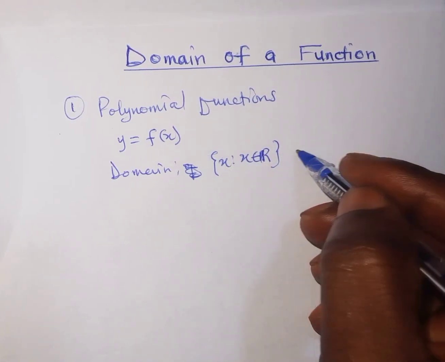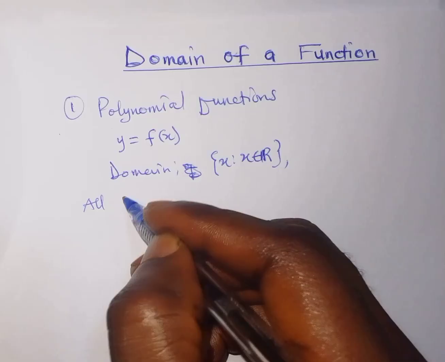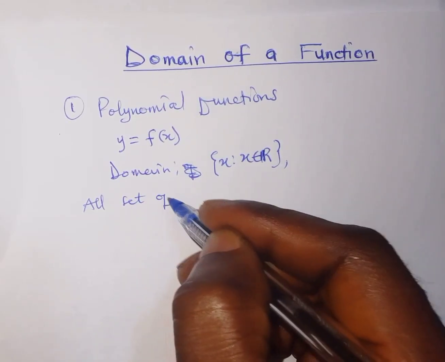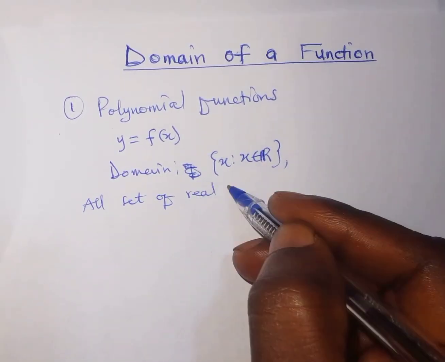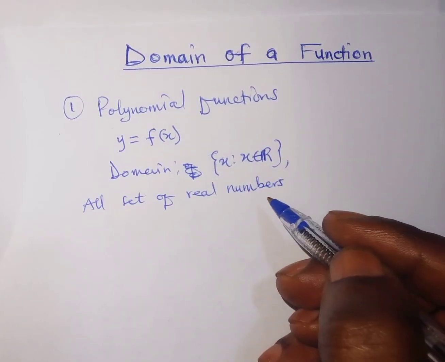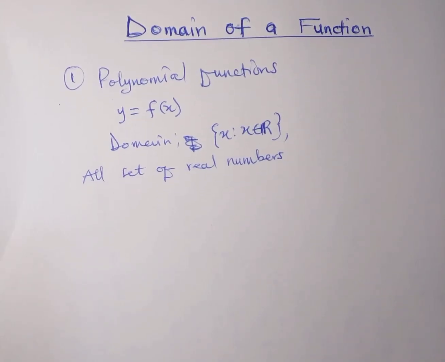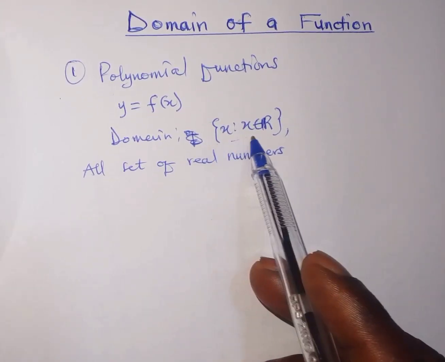You can write this, or you can say all set of real numbers. So when we say find the domain of a polynomial function, this is what you are going to write.